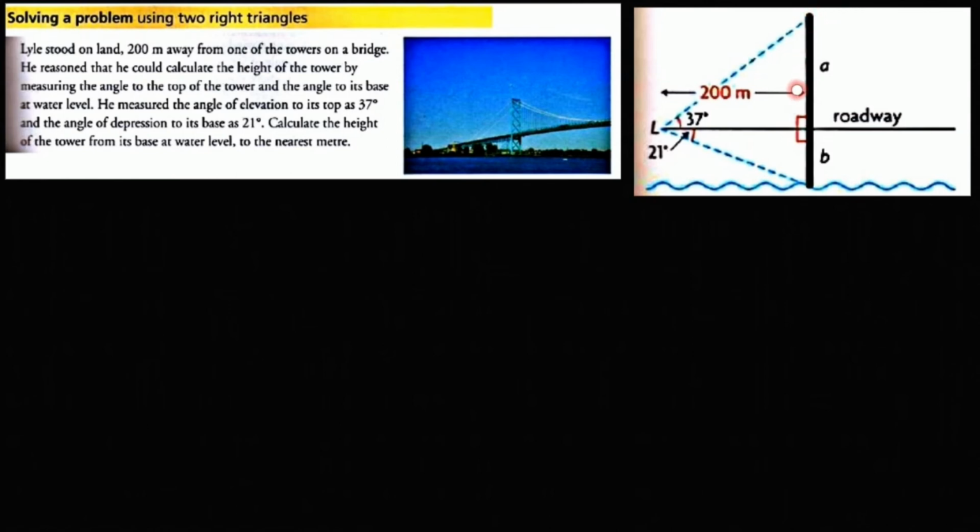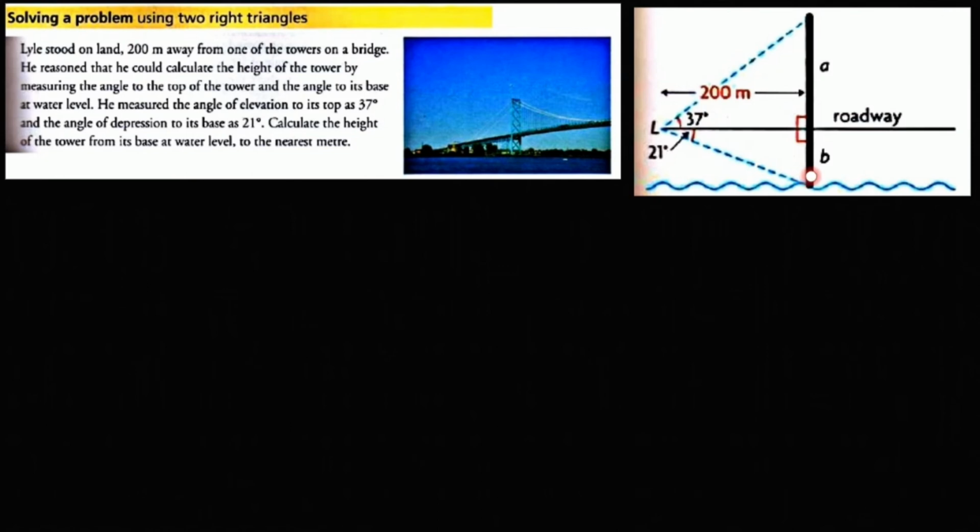to the top. Okay, so I create two triangles. This is a right triangle, and this is a right triangle. For 37 degrees and 21 degrees, this is the adjacent side, also the adjacent side. So this is the opposite side A, right? A is opposite to 37 degrees.